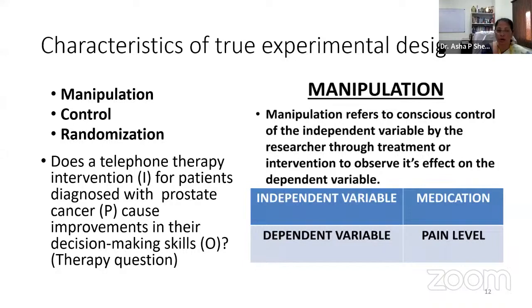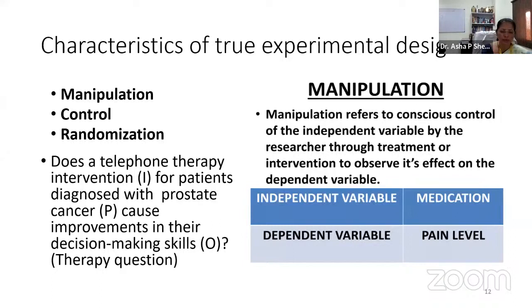So here, the effect that we are observing in this population is their decision-making skills. This means that the telephone therapy intervention, the researcher may give to some people and may withhold this intervention from some other people. That means the researcher is manipulating the intervention here.